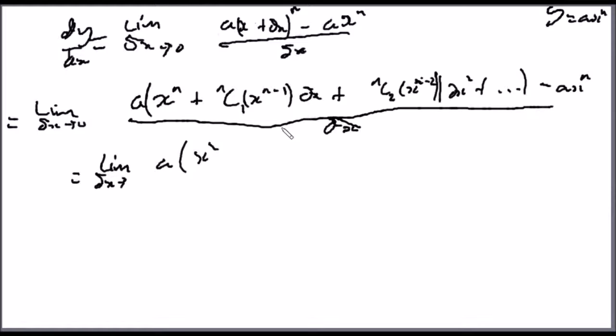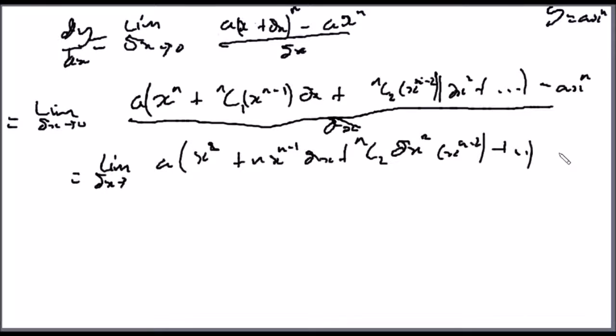That's x to the power of n plus n x to the power of n minus 1 delta x, and now you will be able to see that the rest cancel out, hopefully. So this is, oh, looks like it's 2.